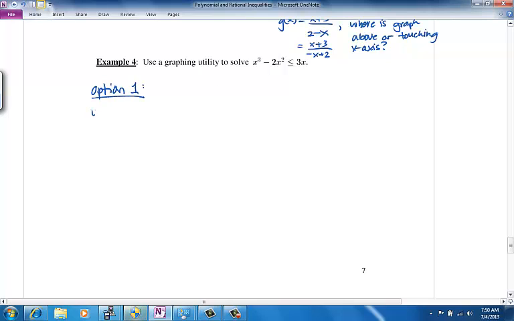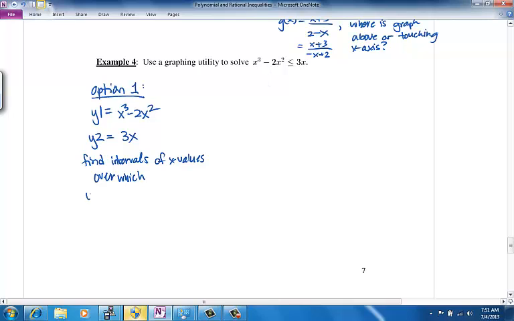I could graph y1 equals x cubed minus 2x squared, and y2 is 3x, and find the intervals of x values over which y1 is lower than y2, because we want x cubed minus 2x squared to be less than 3x or equal to. So below or touching.